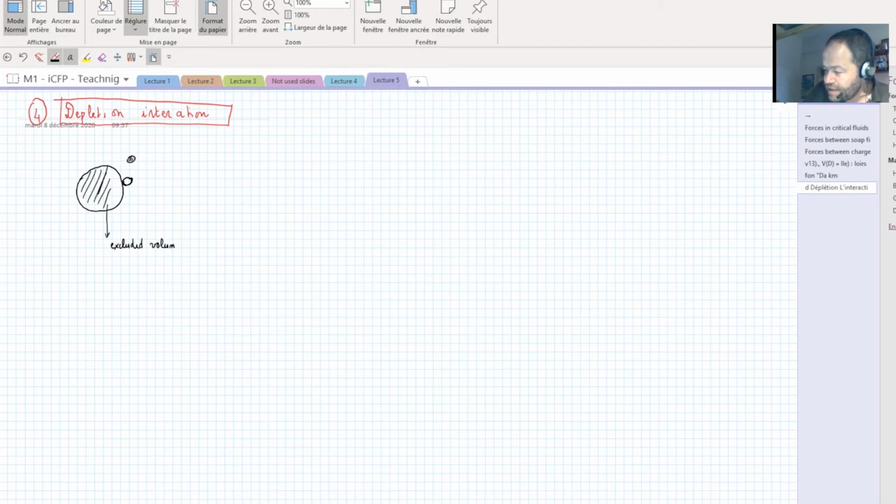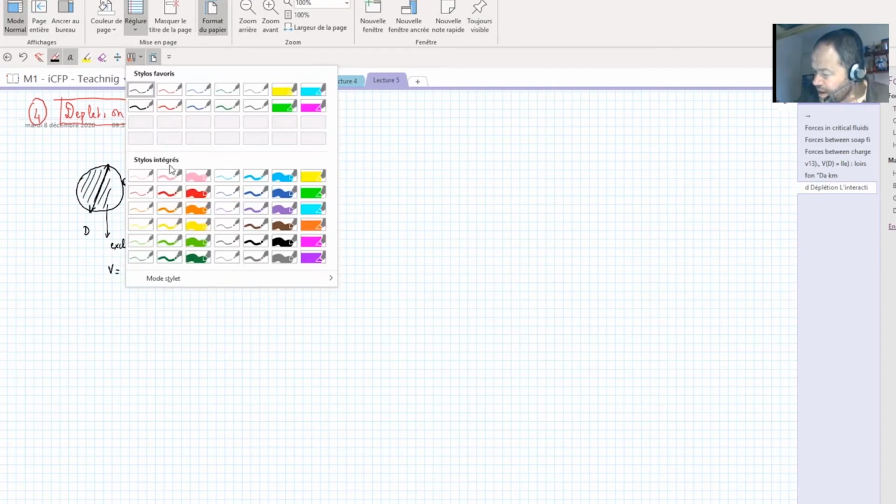So if you say that the diameter of the big particle is d, and we call sigma this small diameter, here we have an excluded volume which is 4/3 pi ((d plus sigma) over 2) to the power 3.